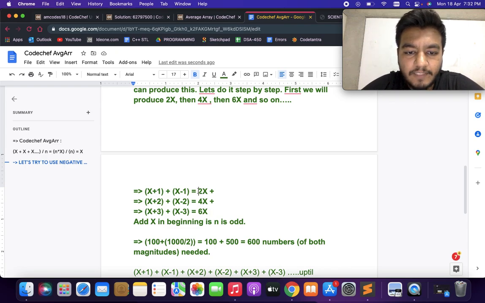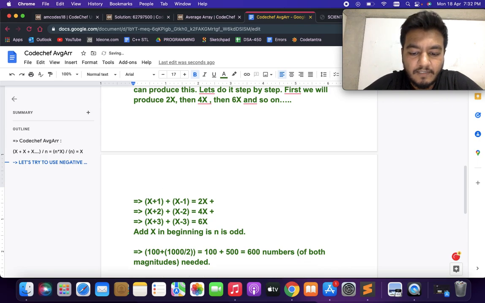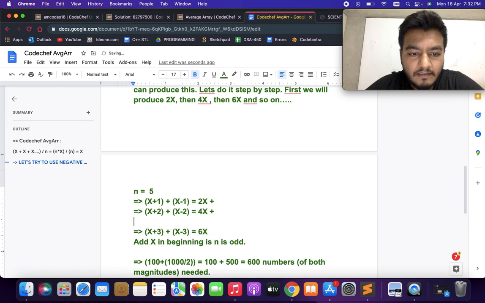All of this you are taking assuming that n is even. What if n is odd? If n is odd, what you can do is produce up to n minus 1. Let's say n is given to me as 5. Then you can produce up to 4x here, and then add an x in the beginning or at the last, so this 4x plus x will turn out to be 5x.